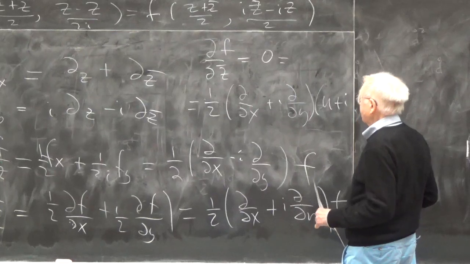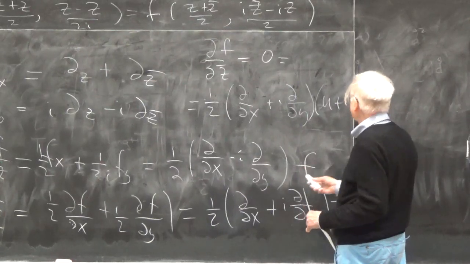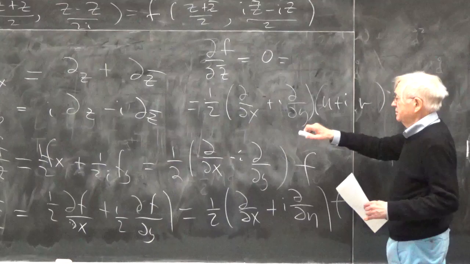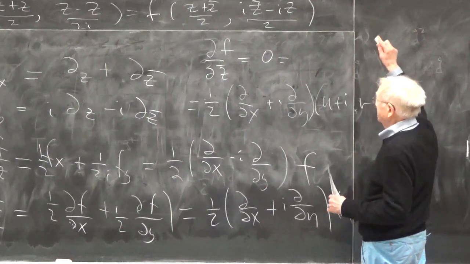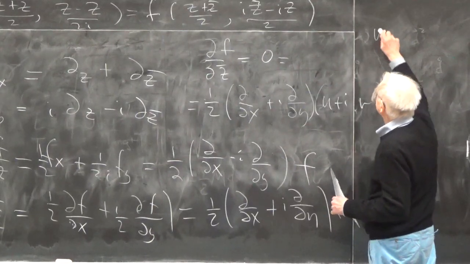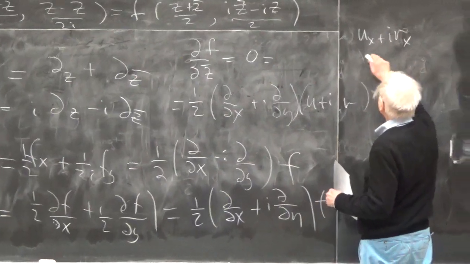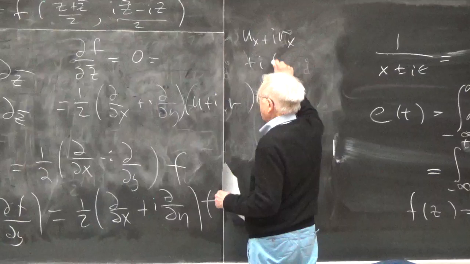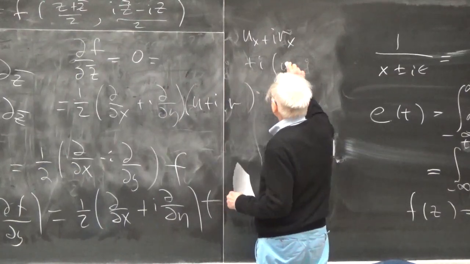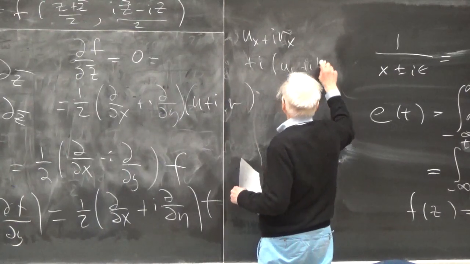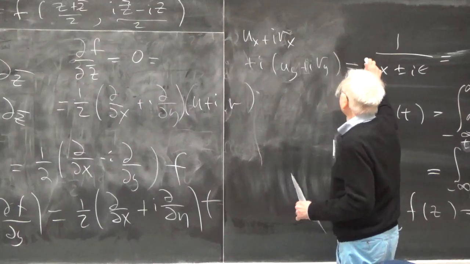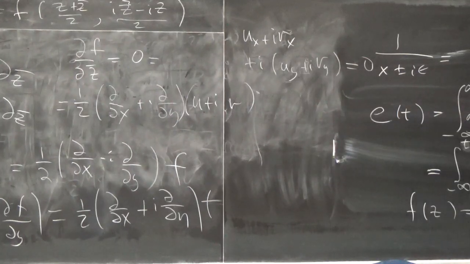So what does that give us? Let me use the economical notation. This is u_x plus i v_x plus i u_y plus i times i v_y. All of that is equal to 0. So that's one complex equation, and that's two real equations.